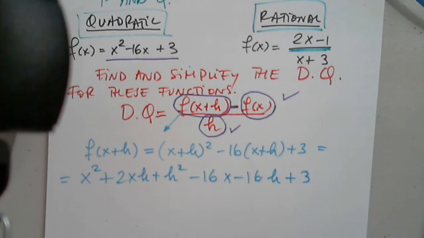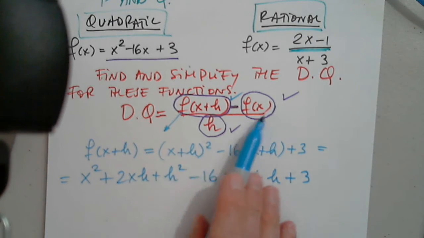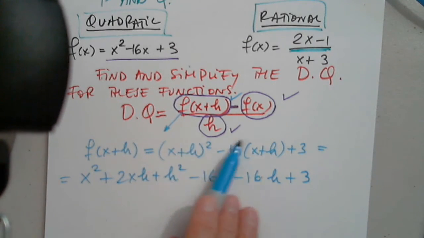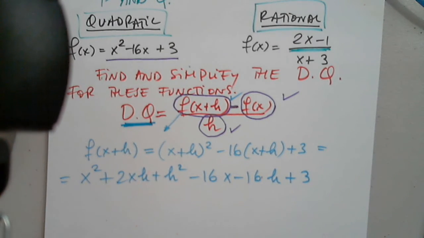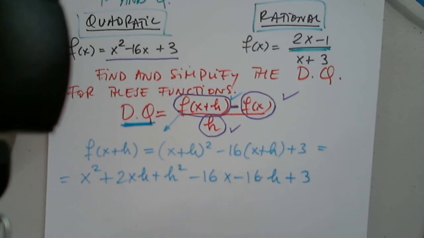Good. So now I can say I have all pieces. I have all the 3 pieces that I have to put together in this format to determine the difference quotient. But there are 3 different things that we have to put in writing before we proceed. Here's number 1.